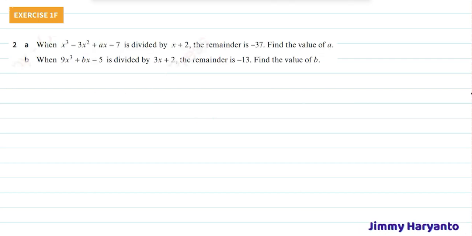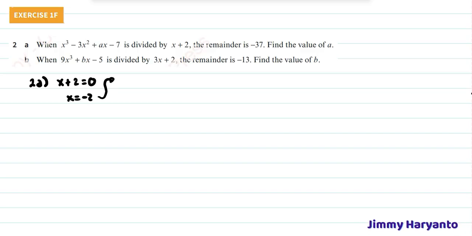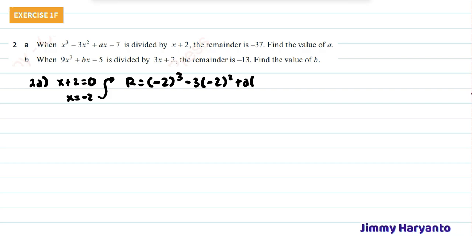Next is question 2, 2a. When the polynomial is divided by x plus 2, the remainder is negative 37. For this one, you also read remainders, right? Let's use the remainder theorem. So x plus 2 equals 0, x equals negative 2, and then the remainder will be negative 2 to the power of 3, negative 3 times negative 2 squared plus a times negative 2, and then minus 7.